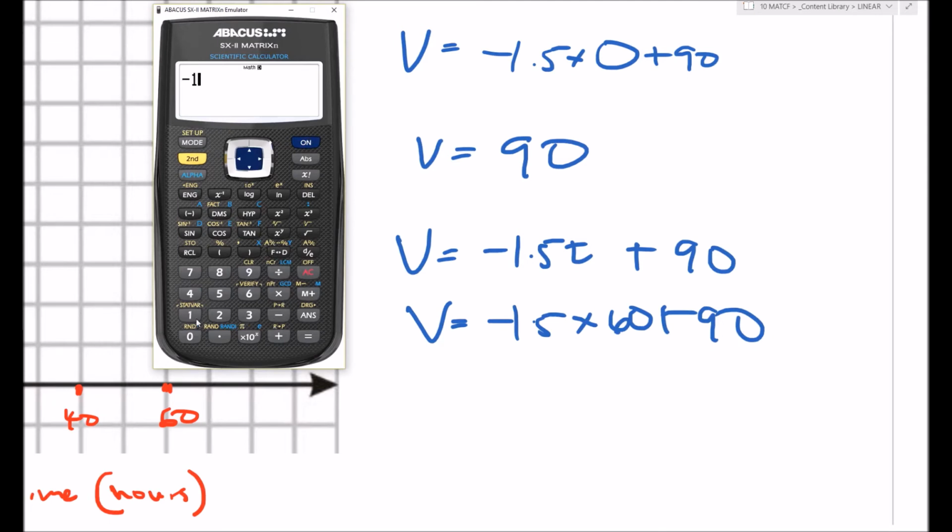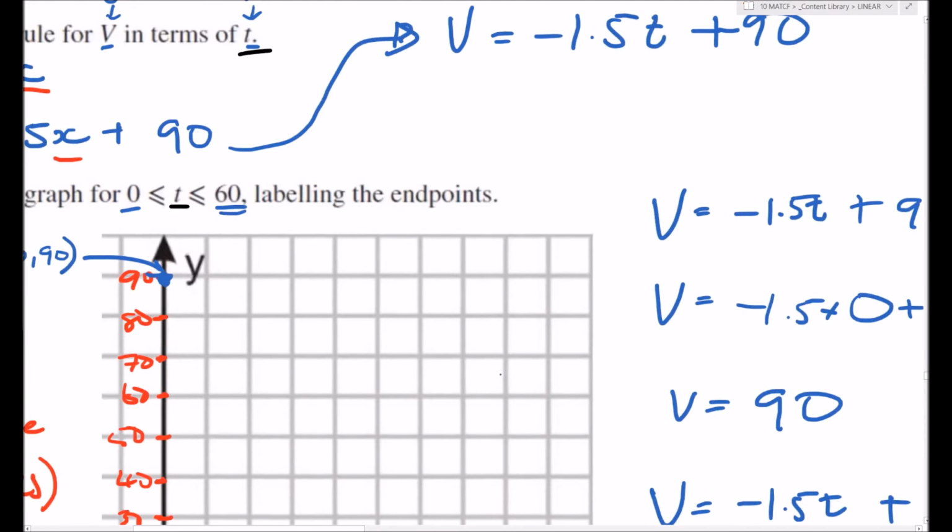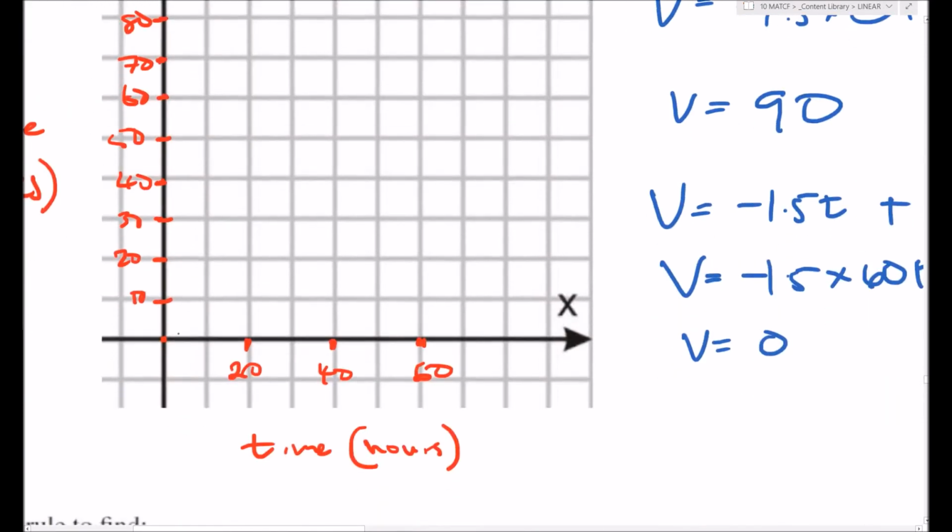So negative 1.5 times 60 plus 90 will equal 0. That means when t is equal to 60, v must be 0. So if t equals 60 over here, v will be 0, which is sitting on that line right there. So this other point is 60, 0.